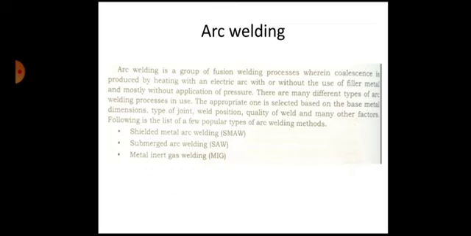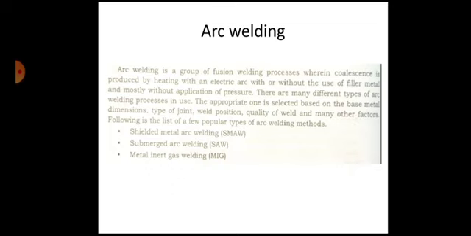There are many different types of arc welding process in use. The appropriate one is selected based on the base metal dimensions, type of joint, weld position, quality of metal and many other factors.